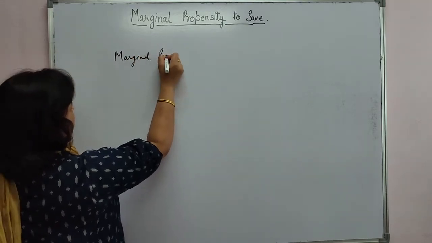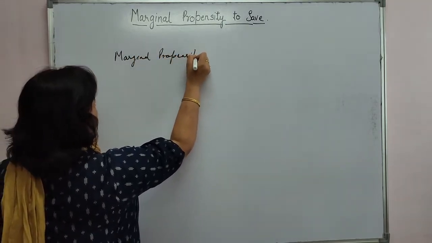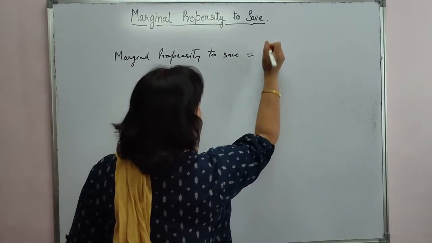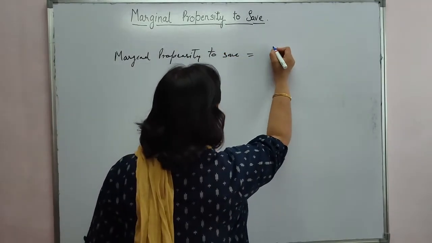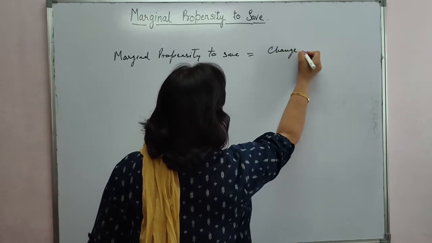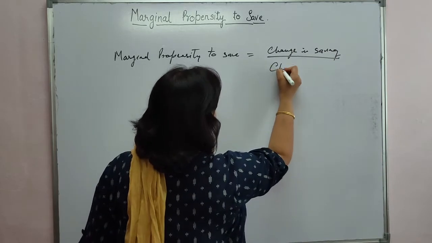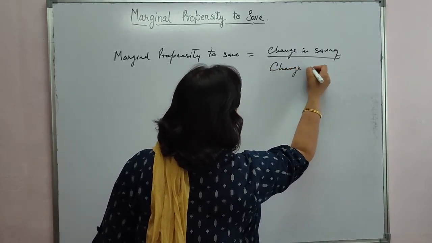Marginal propensity to save is the ratio of change in saving to the change in income.